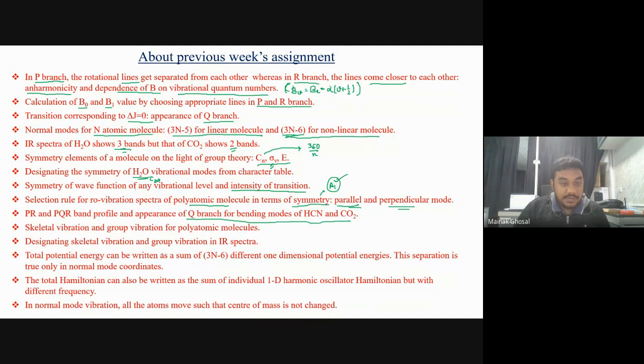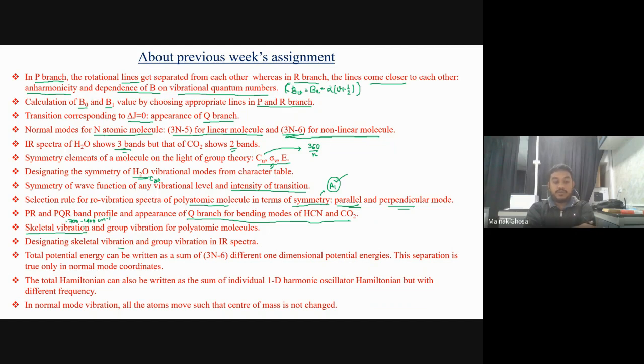Next, skeletal vibration and group vibration of polyatomic molecules were discussed, which is mainly useful as an application tool for IR spectroscopy, where skeletal vibration occurs mainly in the region from 700 to 1400 inverse centimeters. And what is the group vibration for polyatomic molecules?